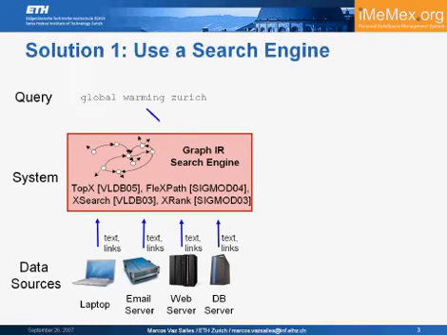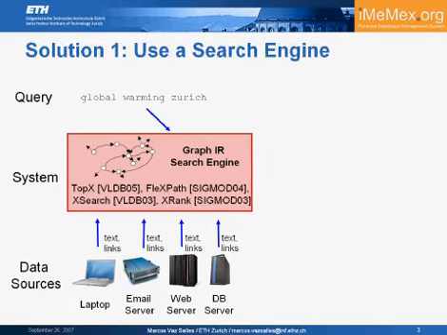For example, we could use a search engine. A search engine will extract text and links from all data sources and will represent that information into a graph data model. Keyword and path expression queries are then available on top of that graph. A number of approaches in the literature describe how to implement semi-structured search engines.